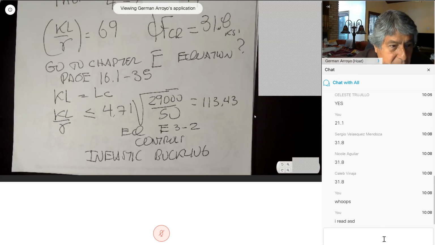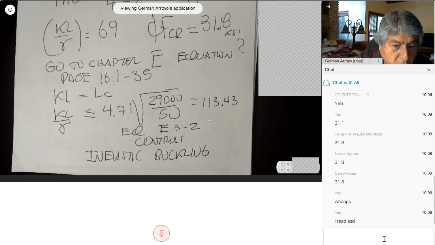This value has to be smaller or equal to 4.71 square root of 29,000 over 50, equal to 113.43. Our value is 69. So 69 is smaller than this value.